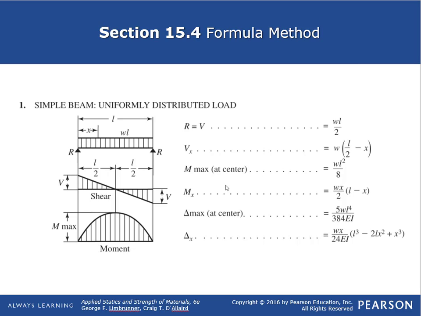So this is how you use these tables. You have a bunch of formulas that tell you what it is. You have a picture that describes what the moment diagram looks like. When we start doing the moment area method, these tables will be good to look at because they tell you the shape of the moment diagram. I'm going to stop this video right here and pick it up with the next one.